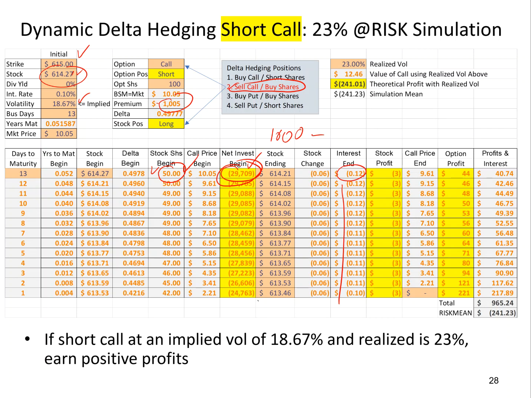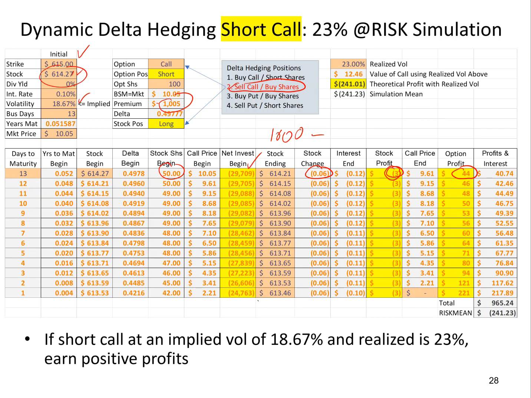Next, in this spreadsheet, I am long the stock. My other spreadsheet had minus the change in stock price times my delta shares. In this case, I am long the stock, so if the price is down on 50 shares, I lose that amount of money. Lastly, my option profit.